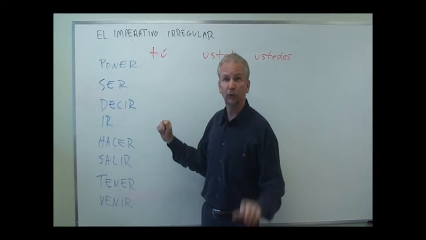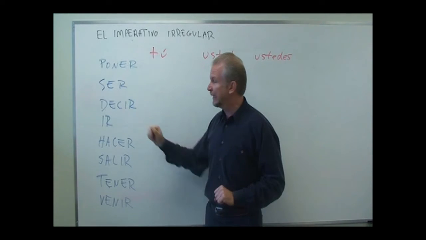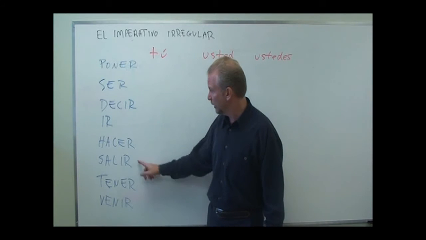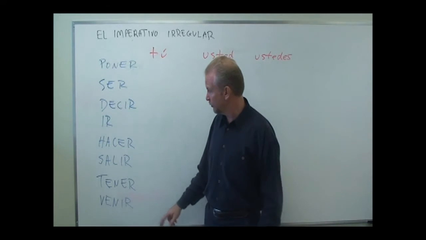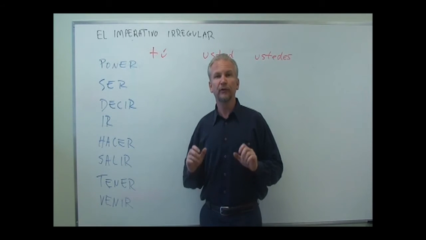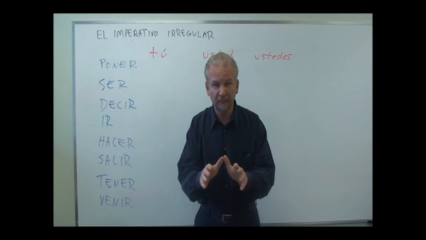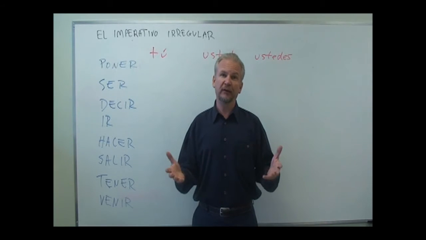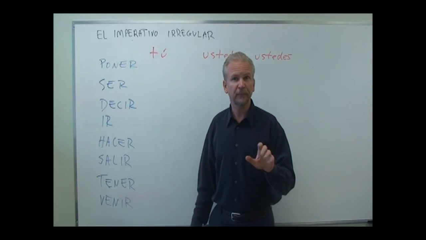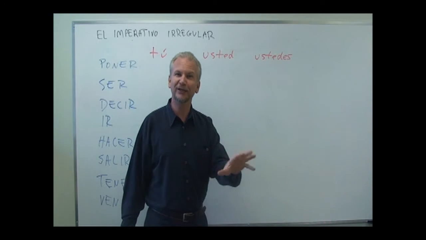Those are poner, to put or place, ser, to be, decir, to say, ir, to go, hacer, to do, salir, to leave or go out, tener, to have, and venir, to come. So these are 8 common verbs that are conjugated differently when we use the imperativo. Of course, the tú form is very different, and the usted and ustedes forms are a little bit easier.